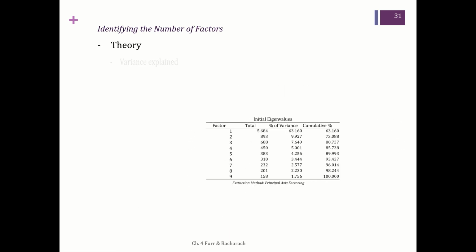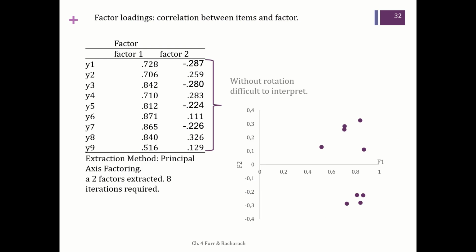Alright, now, moving back here. I already said this is a bit of a weird example, right? Because all the items here appear to be loading the most on vector 1. So if everything appears to be loading the most on vector 1, why did I extract 2 vectors, right?